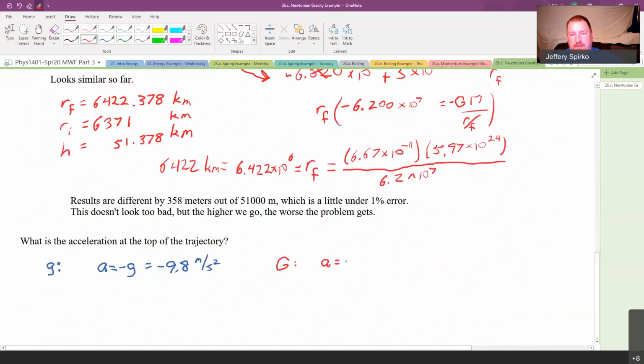So we have minus capital G, capital M over r squared, which is minus 6.67 times 10 to the negative 11th, 5.97 times 10 to the 24th, divided by 6.422 times 10 to the 6th squared.